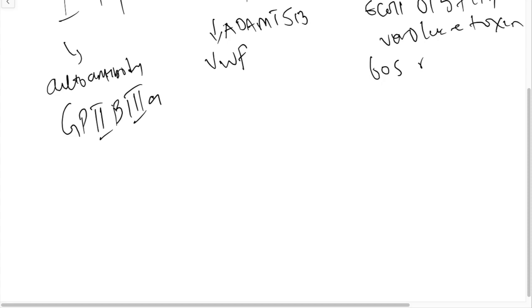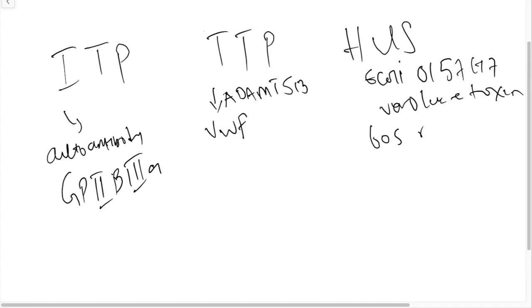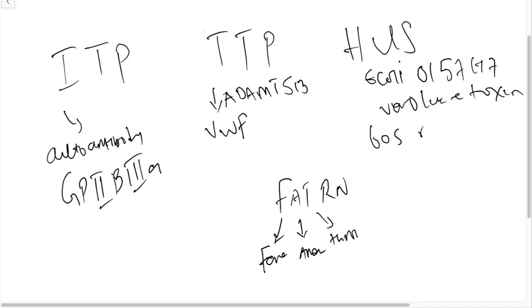TTP and HUS. This one is a bit confusing for most students because they have similar symptoms. The symptoms do overlap. So there's a mnemonic for you to remember the symptoms of TTP and HUS: FATRN. F for fever, A for anemia, T for thrombocytopenia, R for renal defect, and N for neurologic defect.